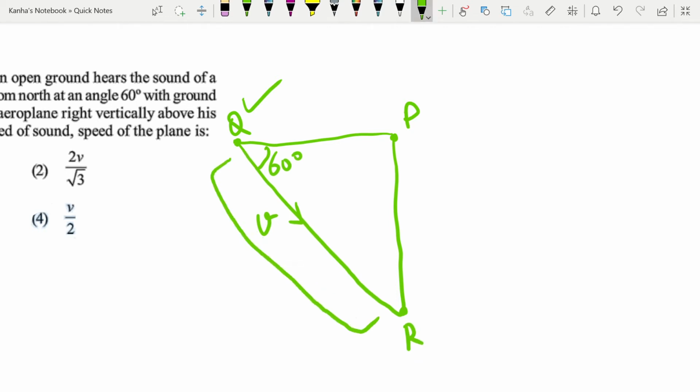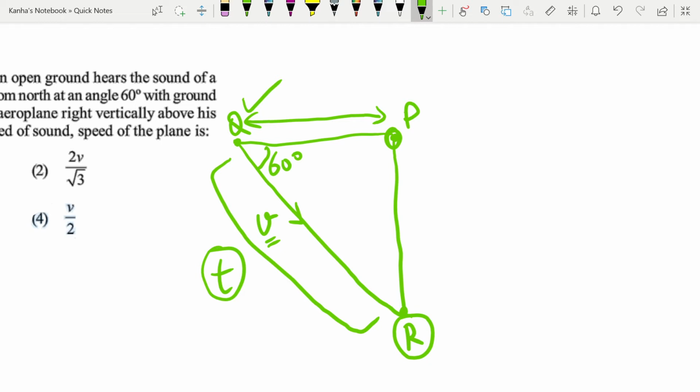So this much distance it traveled with the velocity of v in, let's say, a time t. Also note that in the same time t, the plane moved from the point Q to the point P, because as soon as it reached the point P, the observer heard the sound wave. So the times for both the motions are same.